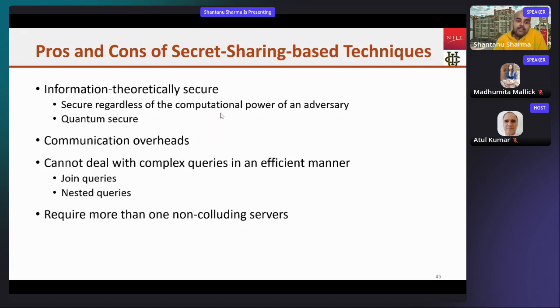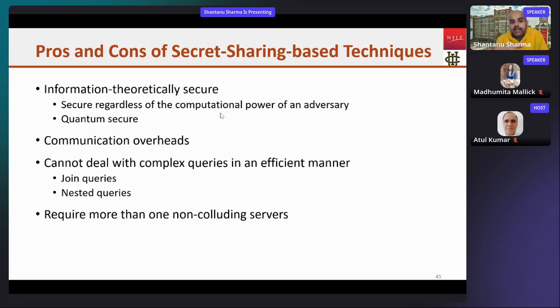Another part is, someone can think about how to solve join queries: how we can design an efficient secret sharing based technique to support join operation, and then can we design nested queries. Next part that I forgot to mention here is indexing. Most of the secret sharing based techniques are not designed to support index.